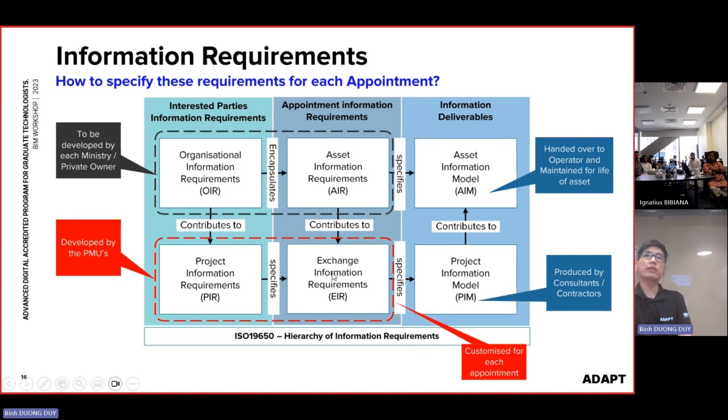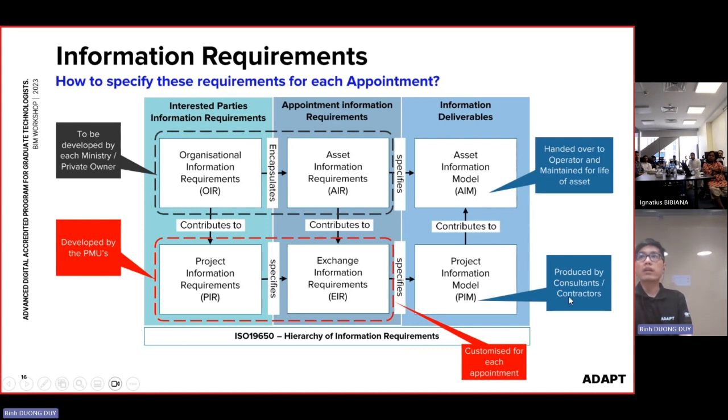Most people call this the employer information requirement. From that, when we go into the design and construction phase, we will develop the BIM model, and this is called the project information model, based on the EIR. And when we finalize the design and construct it on the site, that model becomes an as-built model. We call that model the asset information model, AIM.